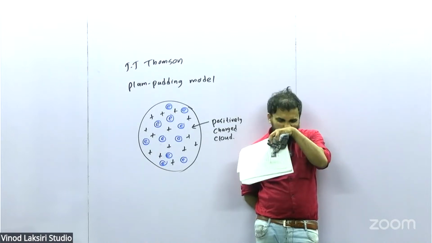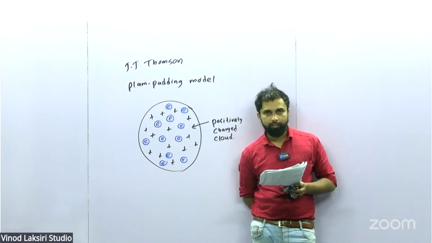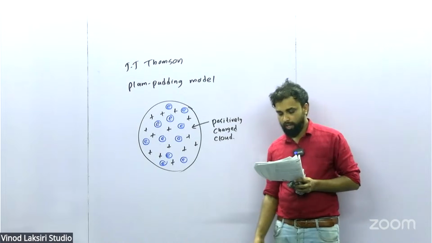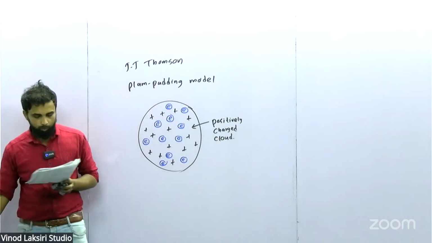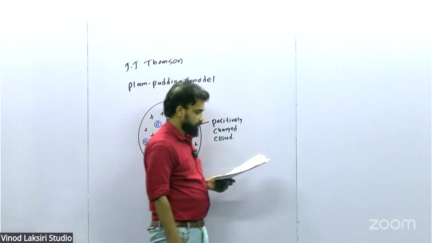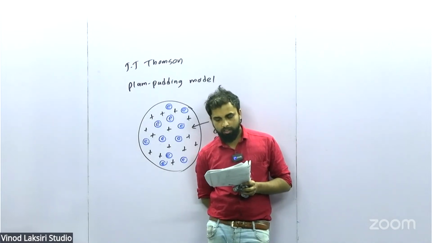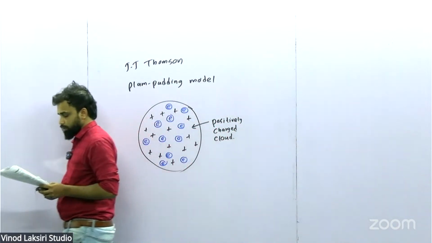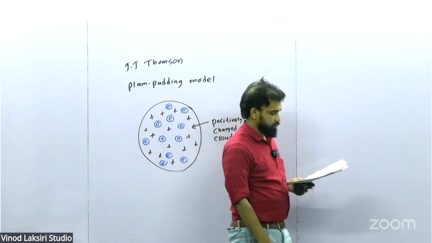In an atom, there should be positive charge. Then he proposed that electrons are present inside the positively charged cloud.